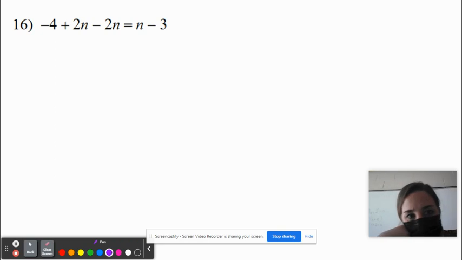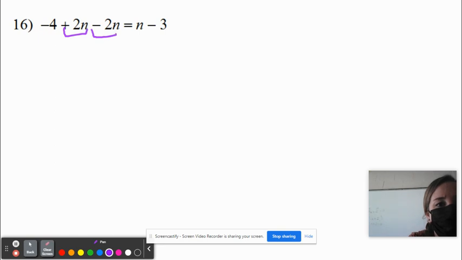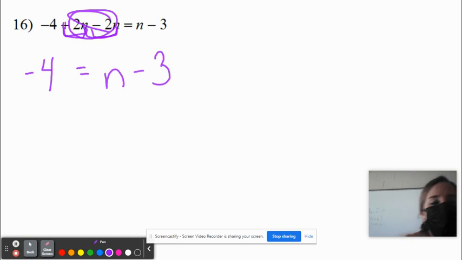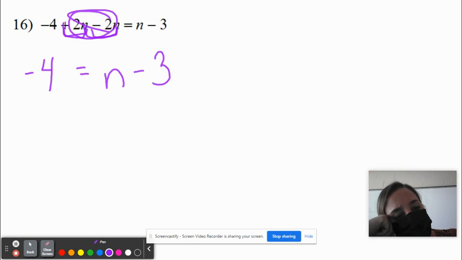All right, looking for like terms to combine. Well, I've got these variables here. Positive 2 minus 2. Nothing. That was convenient. All right, so the variable is already on the right. Let's leave it there.